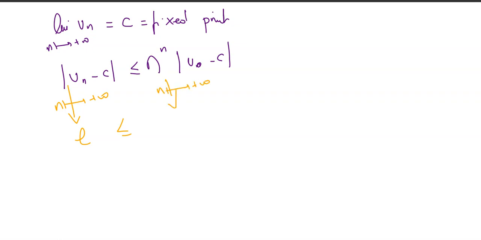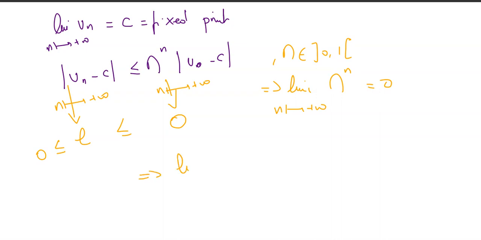Of course, m here belongs to 0, 1. It means that the limit of m to the power of n when n reaches plus infinity will be 0. So the whole limit will be going to 0. And of course, this value is positive, so the limit will be positive. So here the limit of the absolute value of un minus c is between 0 and 0, which means that the limit of un equals c when n reaches plus infinity.